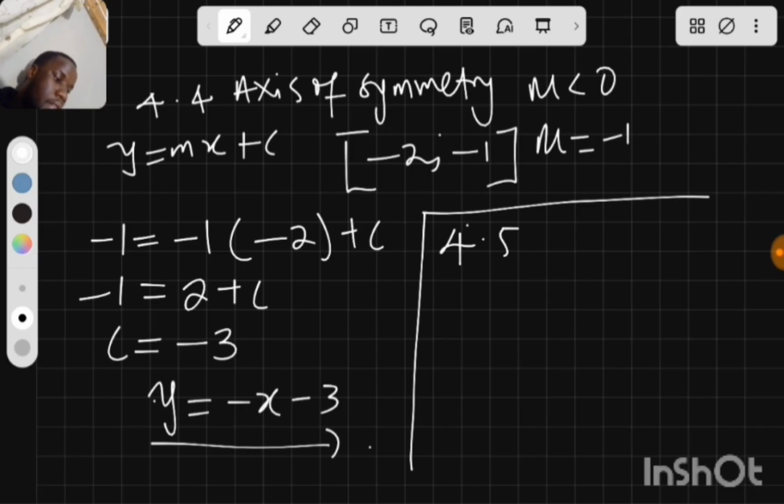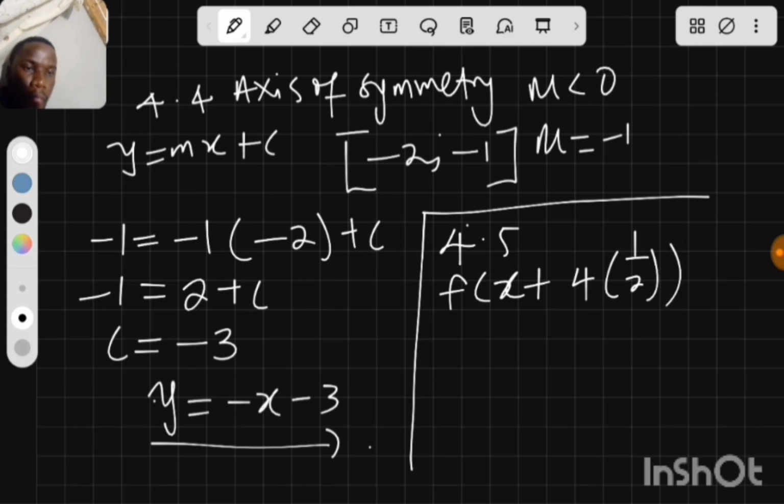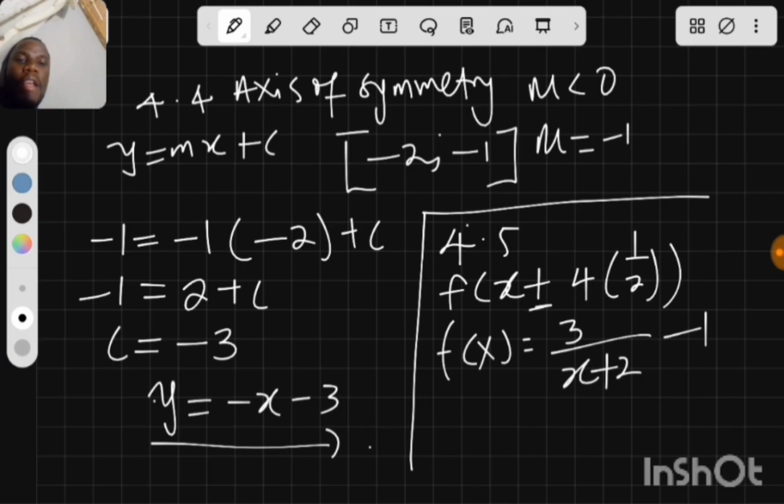Question 4.5. Write down the equation of the asymptote if f of x is moved 4 1 over 2. Our graph is represented like this: f of x is equal to 3 over x plus 2, minus 1. If you see plus, it is moving to the left.